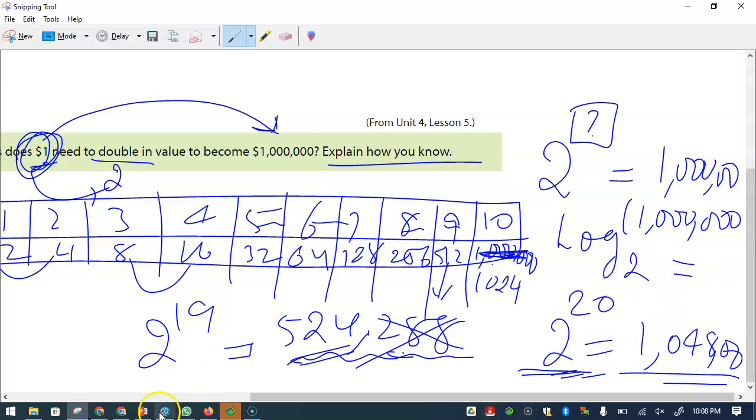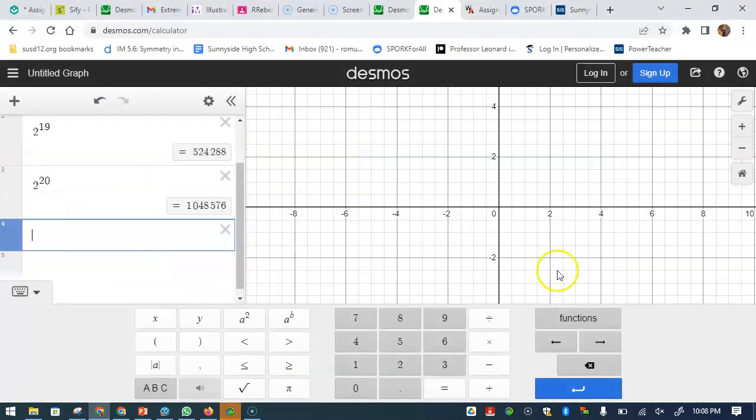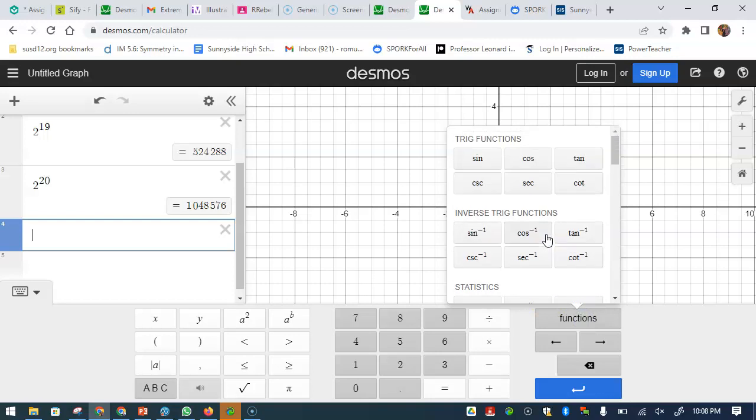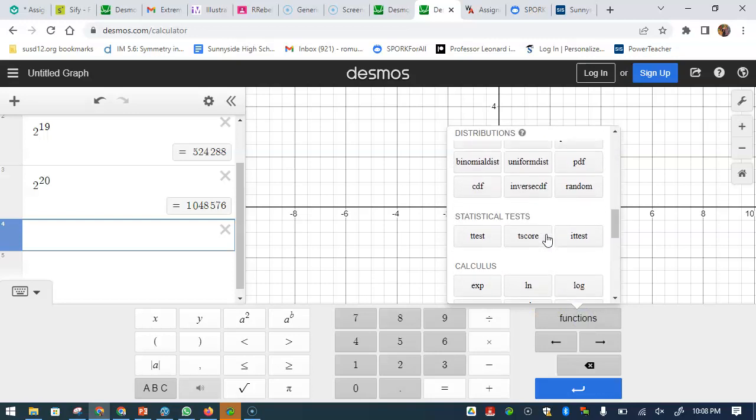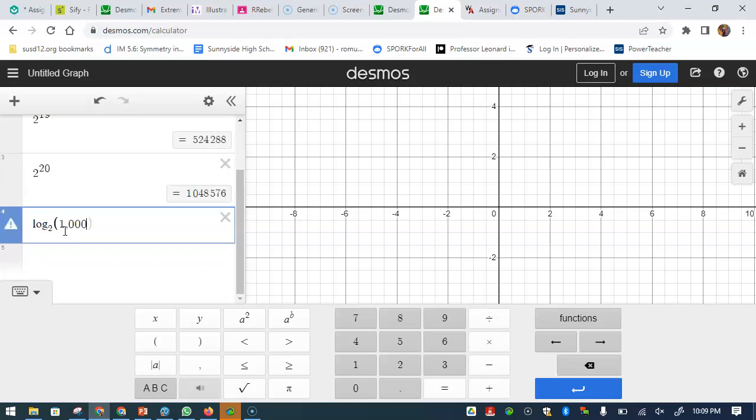So if you go to here again and get back at your log, okay, and I put log to the base 2, and here you put 1 million, okay, and you get 19.3. That's exactly like 19 days and something like that. So hope that helps you to understand how log helps us.